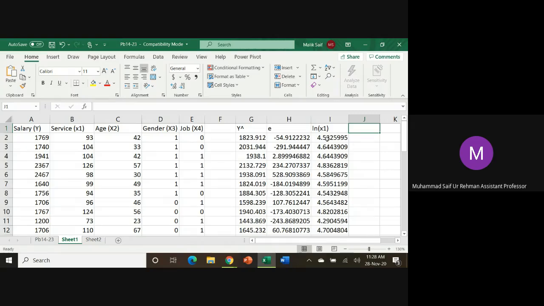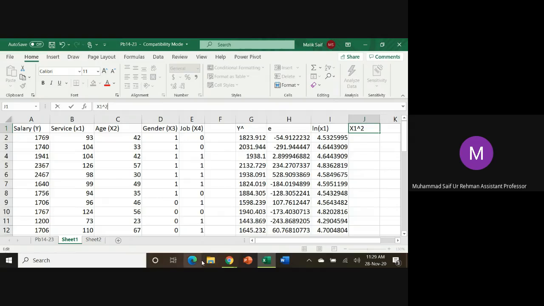Okay, but let us say you are not clear about linearity, and you see that this is the series where x square is there, where you can say x1 square means x square. X square means now you are going to take the values in square form.